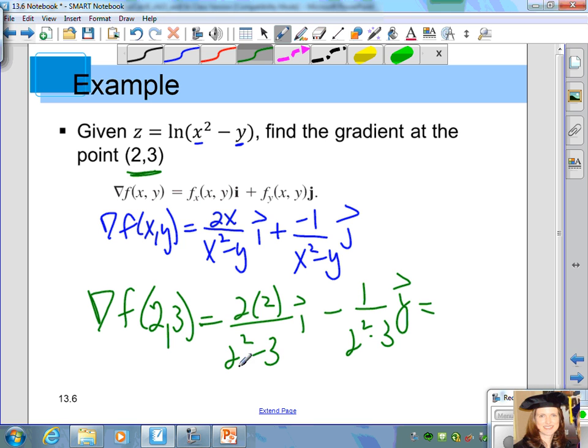We're going to have 4 minus 3, 1 in the denominator, 4i, and 1 over 2 squared minus 3, we're going to get minus 1j. So that's the gradient of z at the point (2, 3).